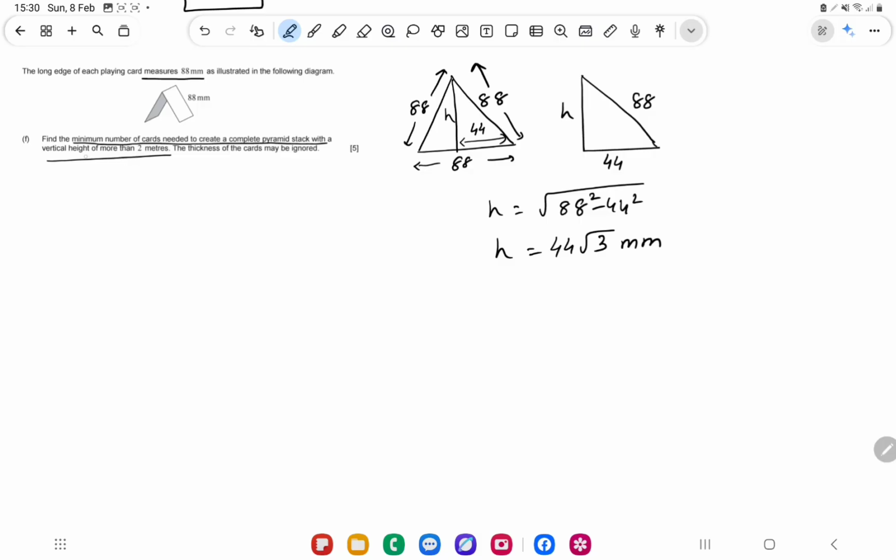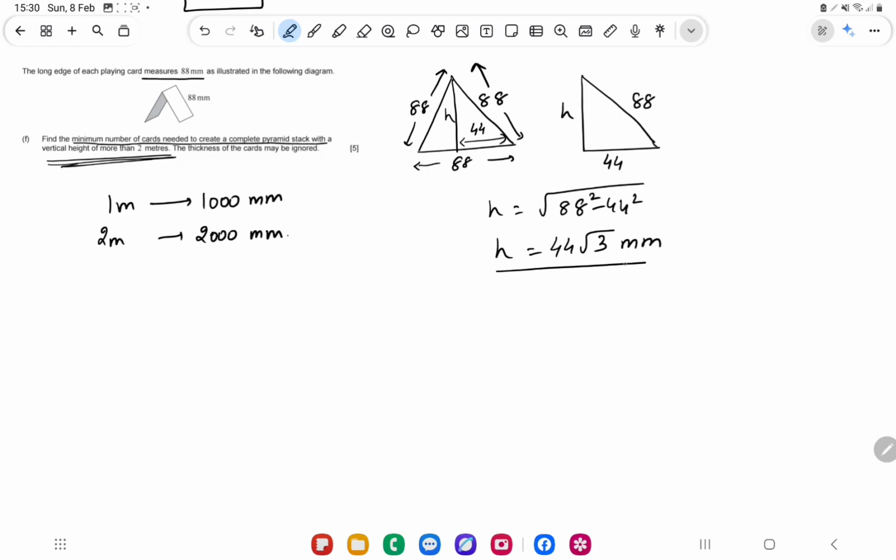Now since it says that the vertical height is more than 2 meters, we will use the conversion method, as 1 meter is 1000 millimeters. So for 2 meters I can write it as 2000 millimeters.